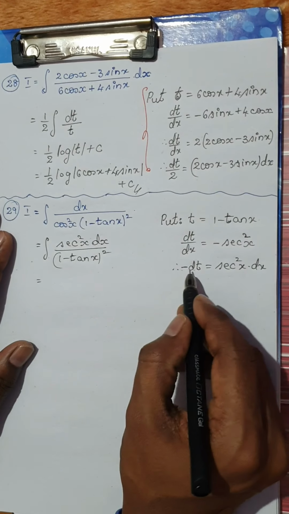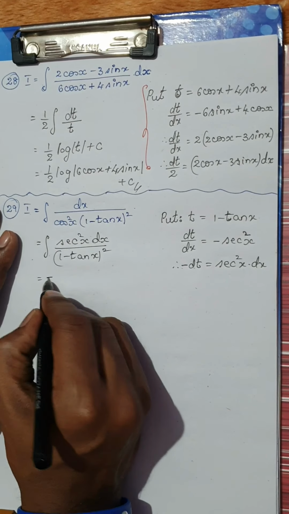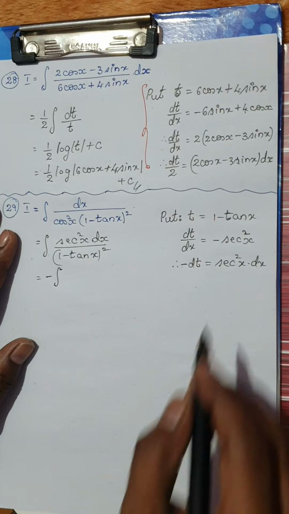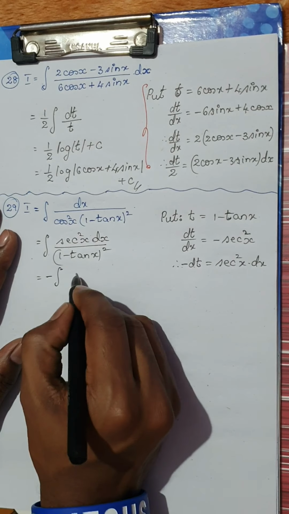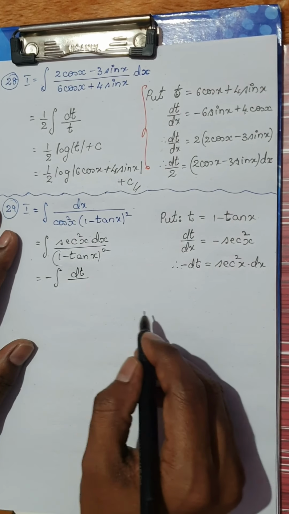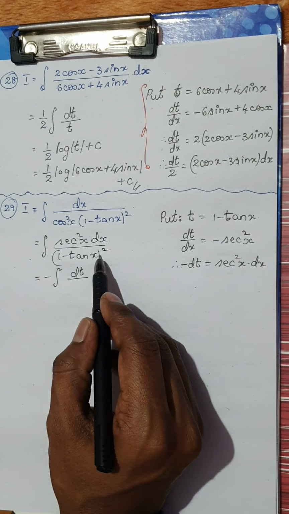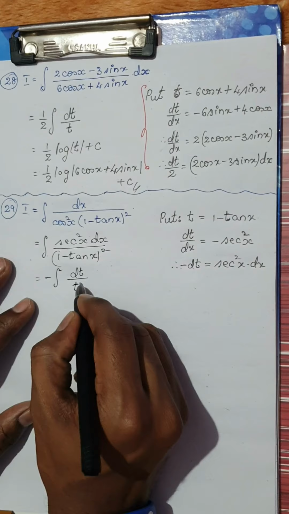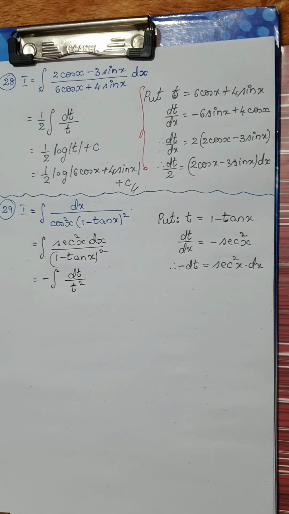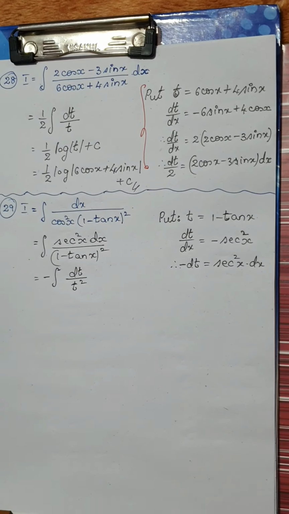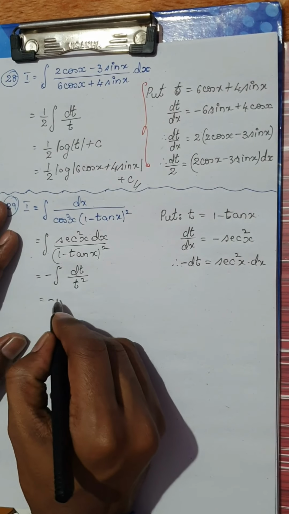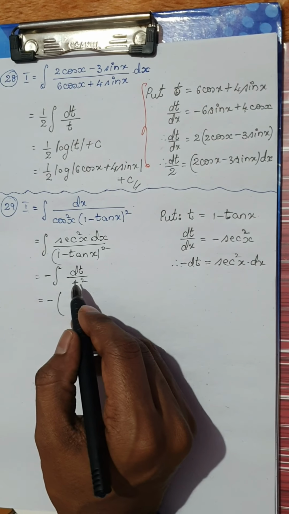So this is nothing but, because I have minus for dt, I will keep it outside. Don't forget it, dear ones. So secant square x dx would be dt, divided by, I have just taken 1 minus tan x as t, not the whole square, so the term becomes dt divided by t square. So this is nothing but minus, and this is the standard integral I gave you as a formula.